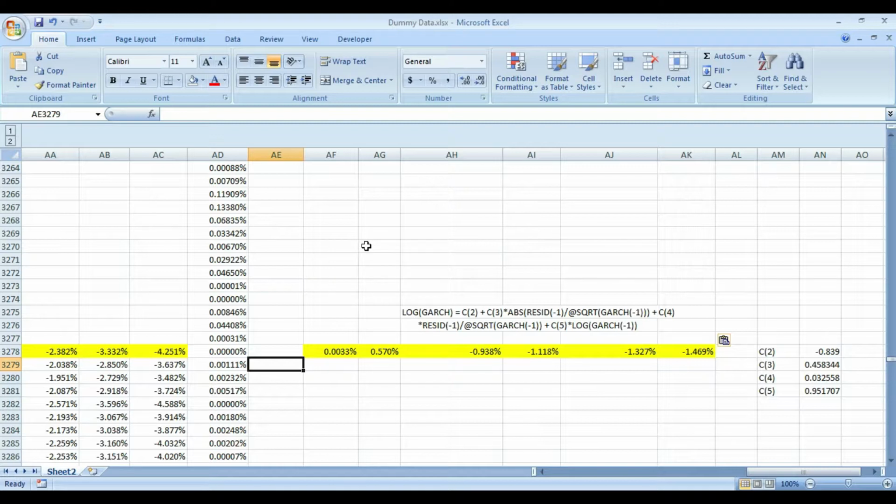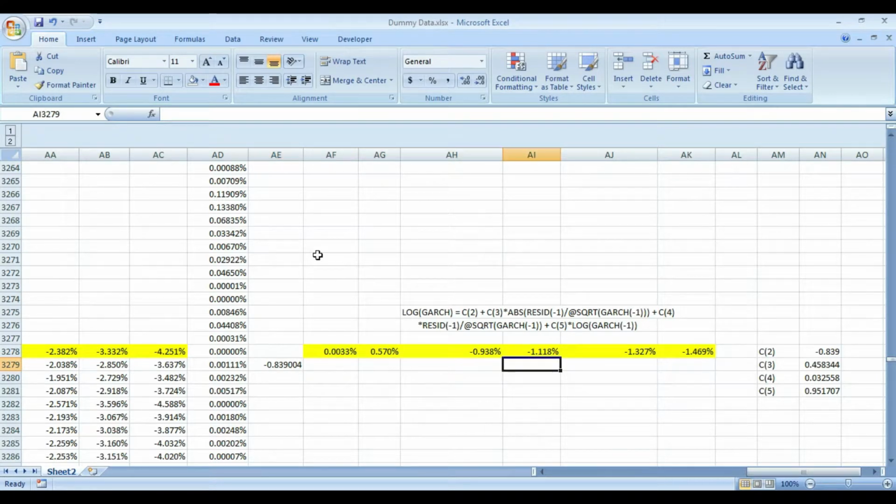The equation states simply log of GARCH, which is log of variance basically, which is equal to C2, which is this coefficient. So I'll copy this and paste it here.